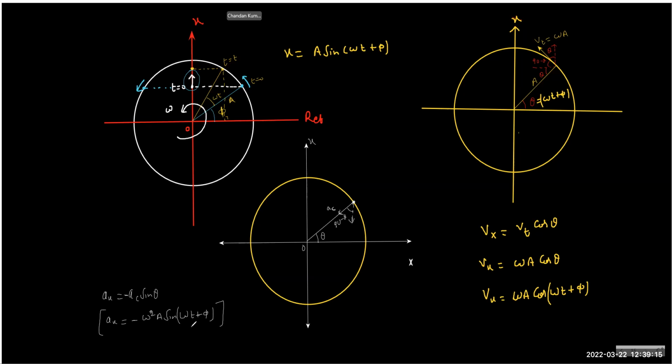Sir, your phi will be 0. Pardon? Phi will be 0 now. No, why will phi be 0? I don't know whether it has started from the origin or somewhere else. I have no clue. So it may be possible that when t was 0, you were here, and now you are here. So your phi is this much, no?